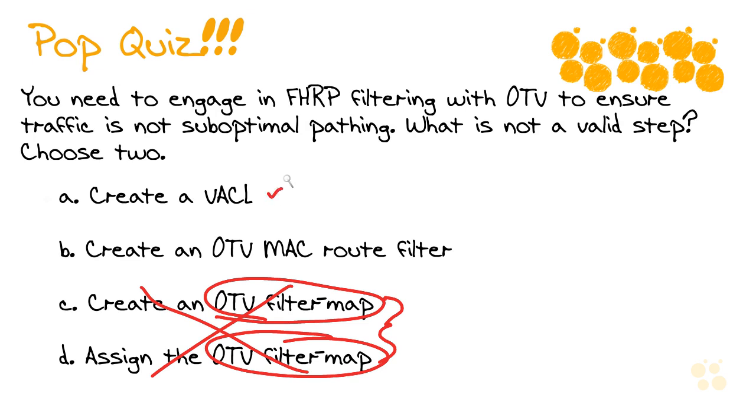What we do is we create a VLAN access control list. That's to prevent one of the FHRP peers from communicating with the other across the OTV cloud. And then we filter on the particular virtual MAC address with an OTV MAC route filter. Those are our 2 steps.